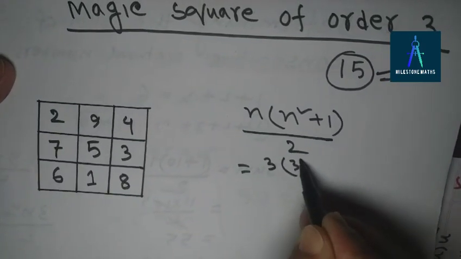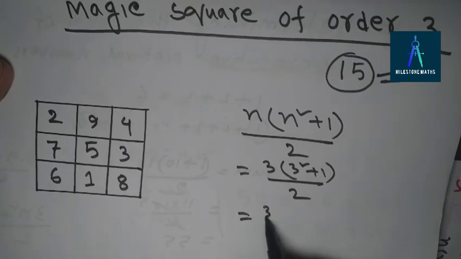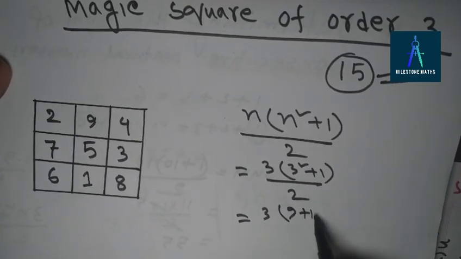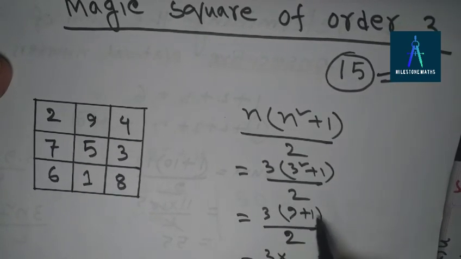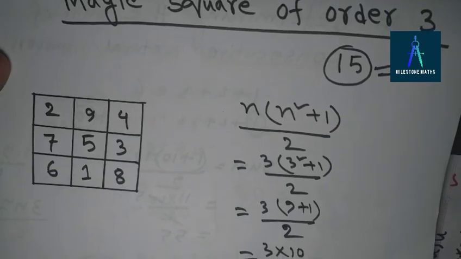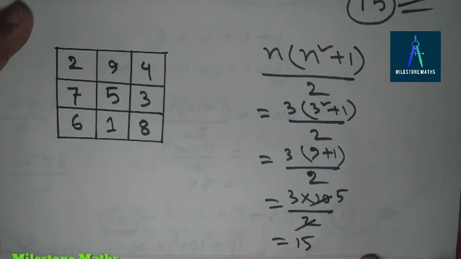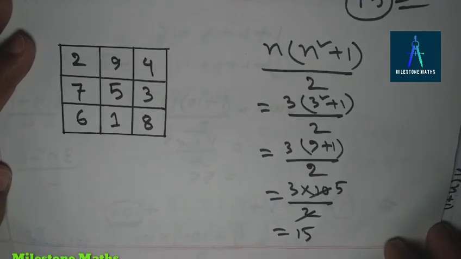So here is 3 into 3 square plus 1, divided by 2. So 3 square means 9 plus 1. 3 multiply 9 plus 1 is 10, divided by 2. So if we cut it, we will get 15. Sometimes these types of questions may come in MCQ.